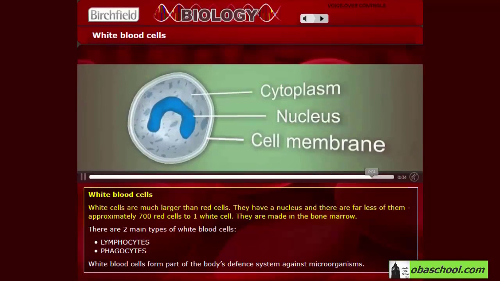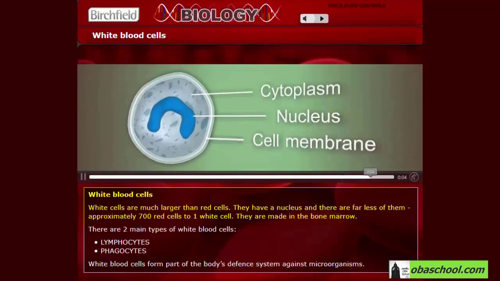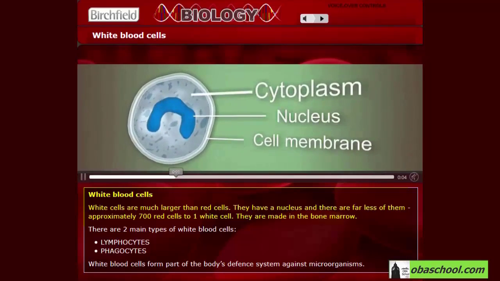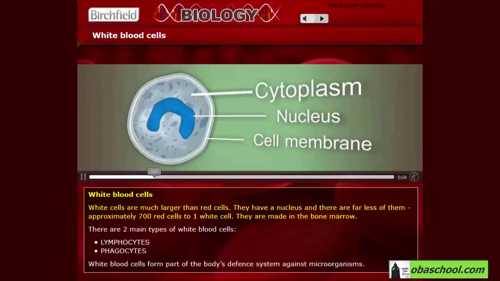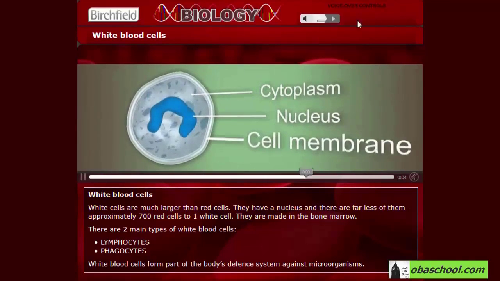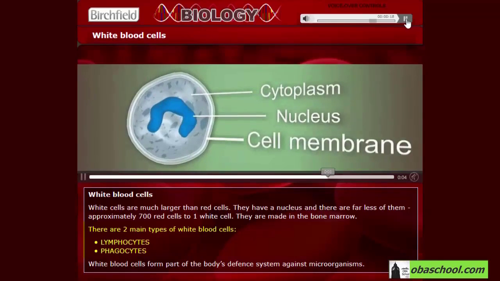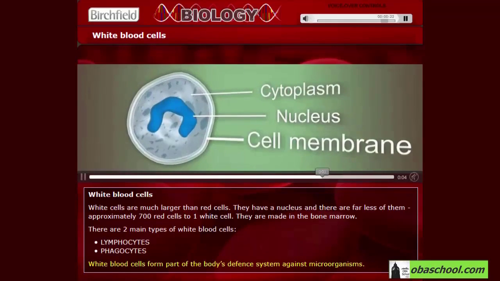The number of white blood cells is very low in comparison to the number of red blood cells, 1 white blood cell to every 200 red blood cells. They are made in the bone marrow, and there are 2 types of white blood cells actually, called lymphocytes and phagocytes.